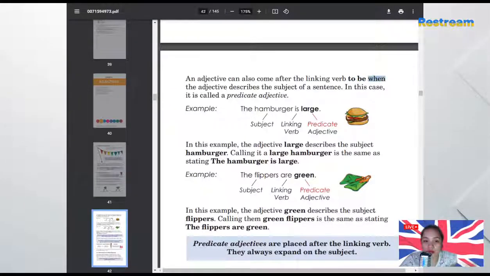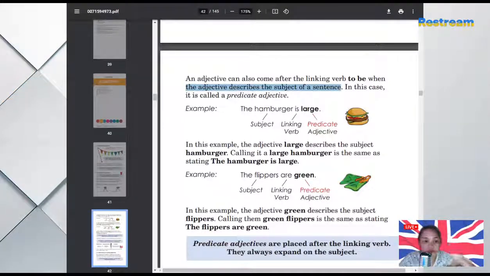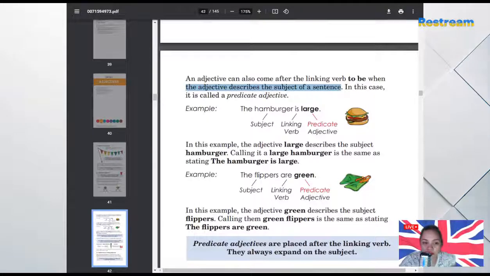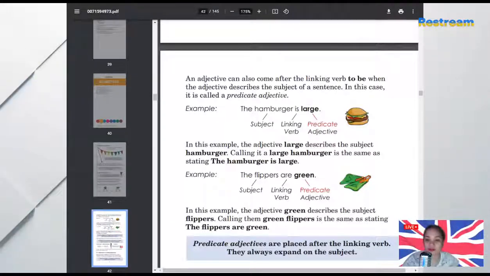This is when the adjective describes the subject of a sentence. Of course, we can actually use linking verbs when the adjective is describing either a noun or pronoun or the subject of a sentence.